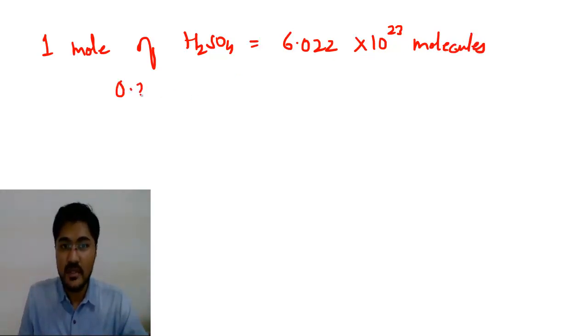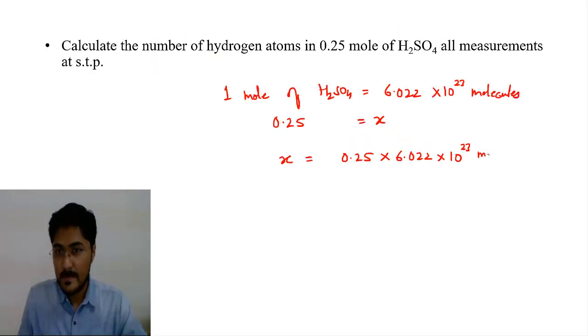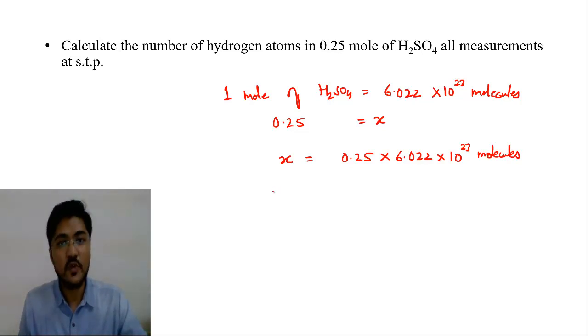So 0.25 will contain X, so X becomes 0.25 into 6.022 into 10 raised to 23 molecules. Now as we know that H2SO4 contains 2 atoms of hydrogen, so we'll multiply this value with 2 to get the number of hydrogen atoms.